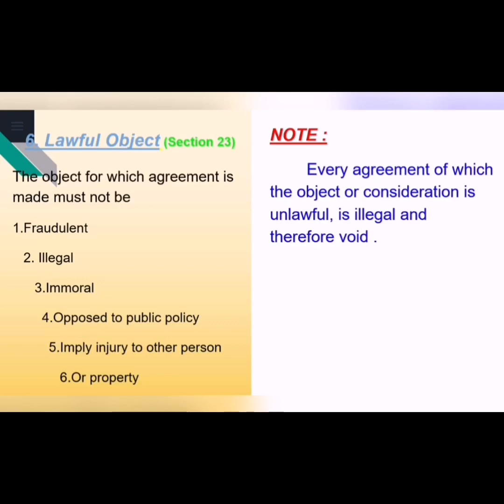So you have to note here, every agreement of which the object or consideration is unlawful is illegal and therefore void. So lawful object means the main thing for which the parties are going to establish agreement.